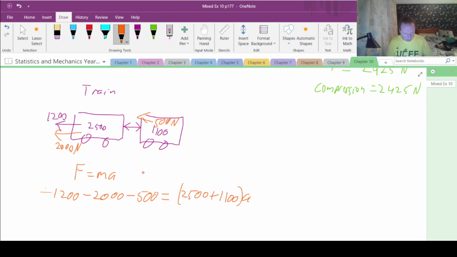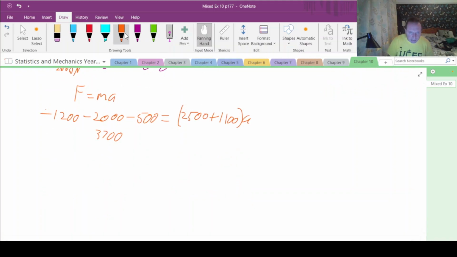So 1,200 and the 2,000 and the 500 gives us a total of 3,700. And that's getting divided by the 1,100 plus the 2,500, 3,600, equals a.